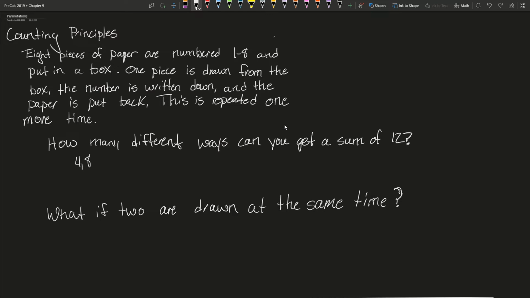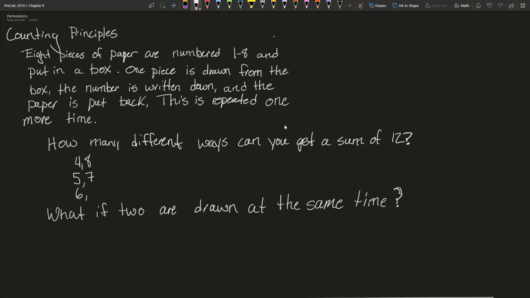If we get 4 on the first paper and 8 on the second, those two numbers add up to 12. The next is 5 and 7, so 5 on the first paper, 7 on the second.